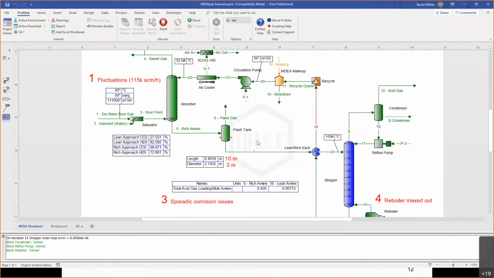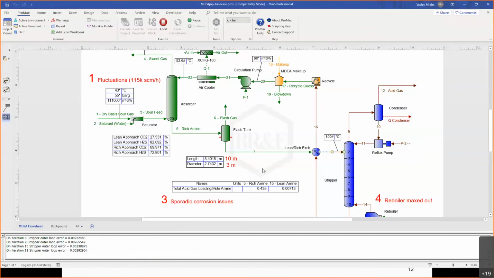Okay, so while we're waiting for the results, I'm going to answer some of the questions we have here. One question was, what does sporadic corrosion mean and how is it monitored in ProMax? So the sporadic corrosion issue is something that our hypothetical client operating this unit is experiencing.